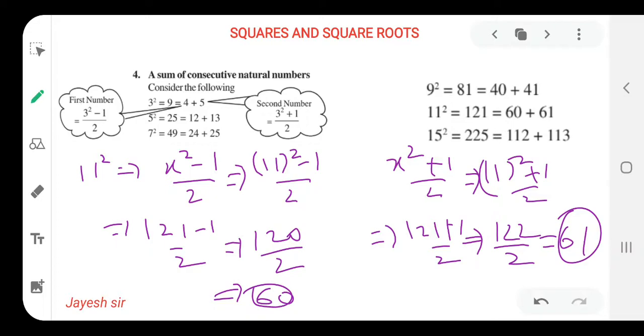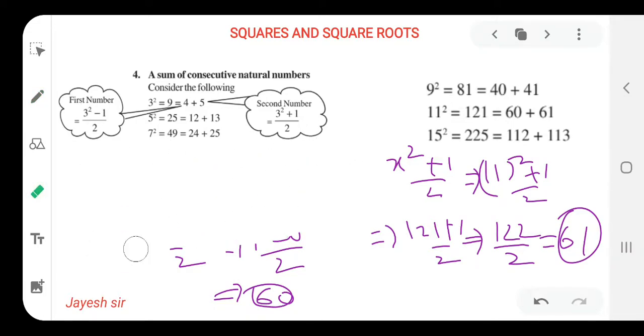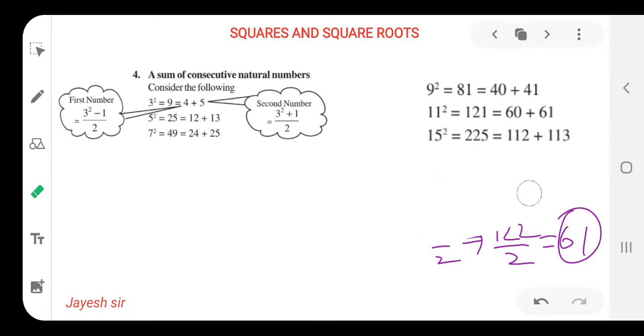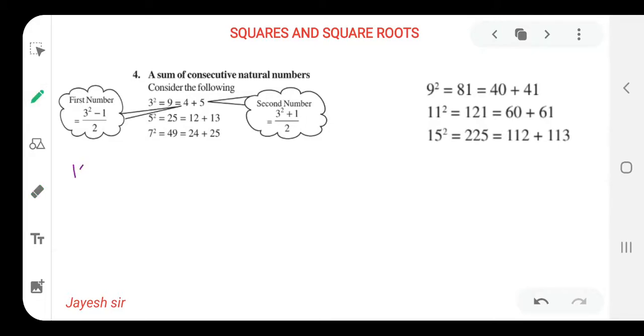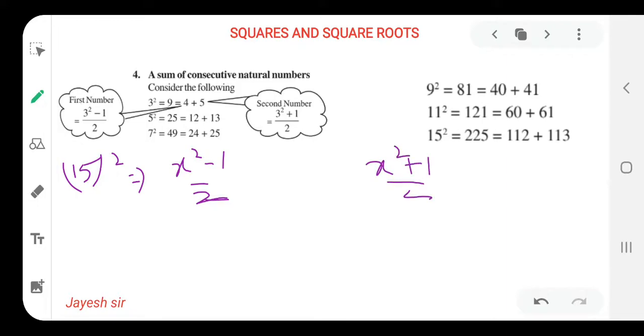I hope you all might be getting it. So let us begin with the next number, that is 15 square. What would be 15 square, and by adding which two consecutive numbers will we get the answer 225? So for 15 square we find (x square minus 1)/2 and (x square plus 1)/2.